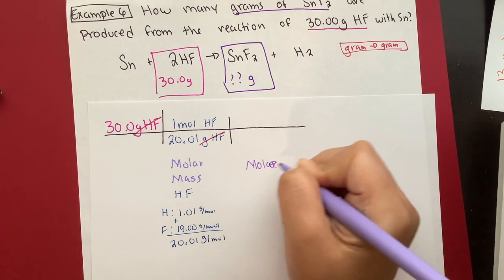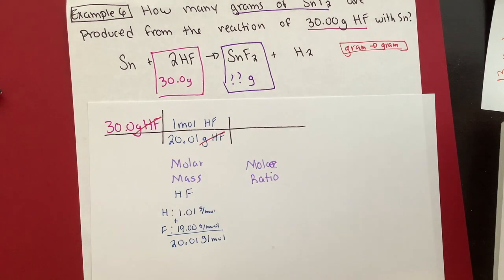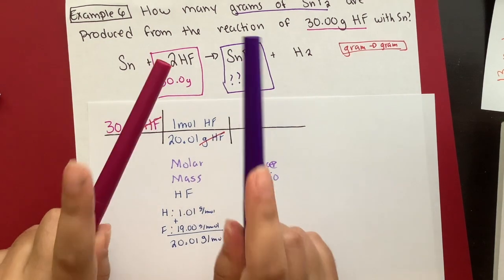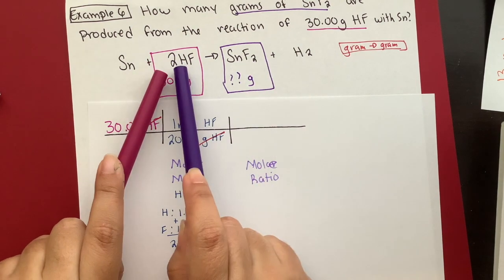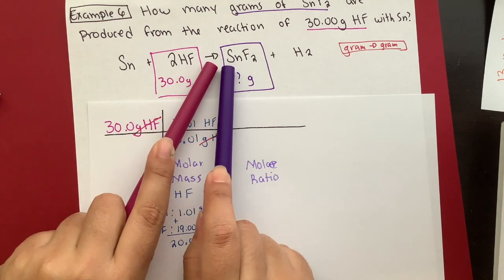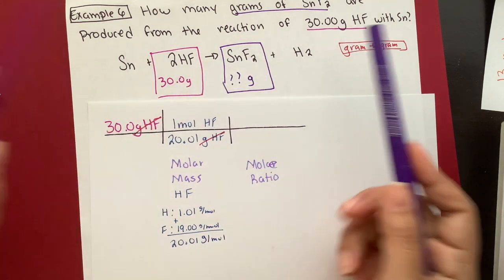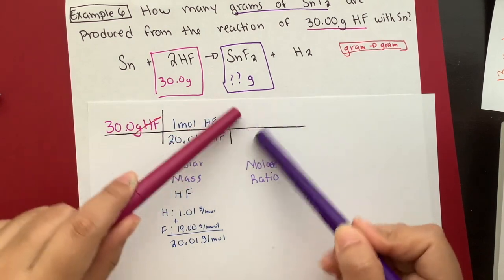Which is what I want, because my next step, now that I'm in moles, is to use the famous mole ratio, or molar ratio, same thing. Remember, I get the mole ratio from my balanced chemical equation. According to it, I need 2 moles of HF for every 1 mole of SnF2, tin fluoride. So who do I write in the top, and who in the bottom?